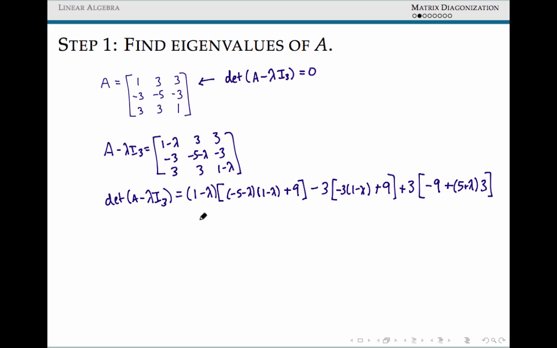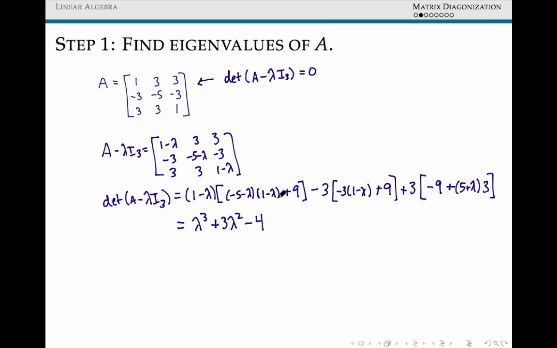After a little bit of simplification, keeping most of the messy algebra off screen, what this simplifies to after expanding out all of these terms is lambda cubed plus 3 lambda squared minus 4. I can factor this to get lambda minus 1 times lambda plus 2 times lambda plus 2.